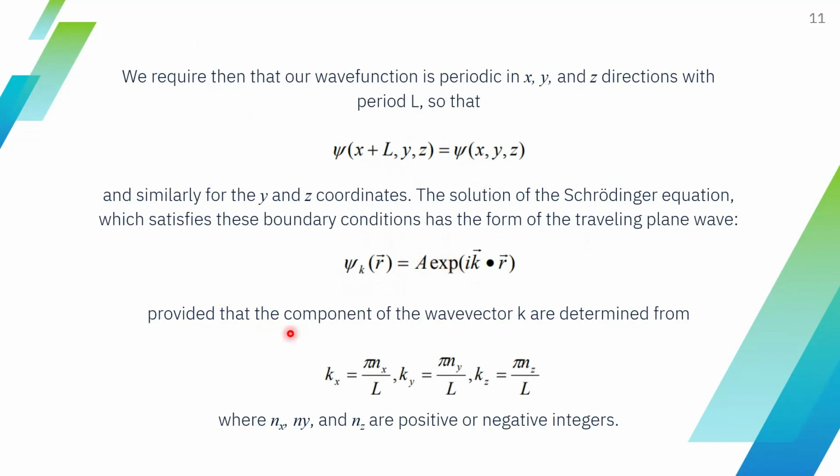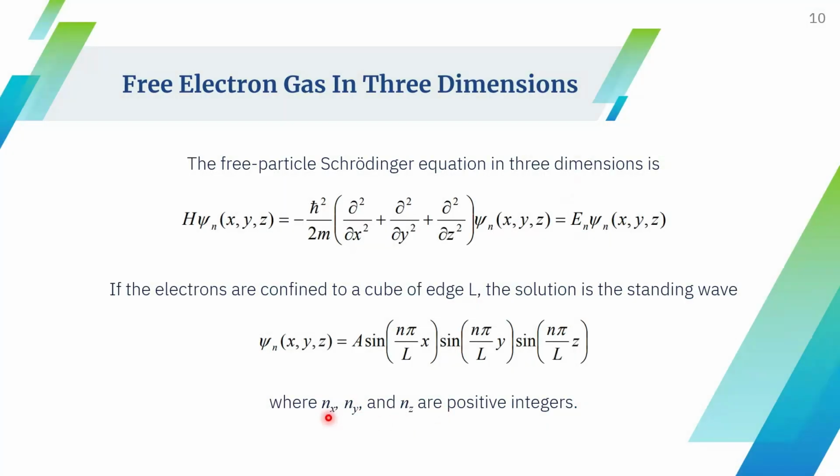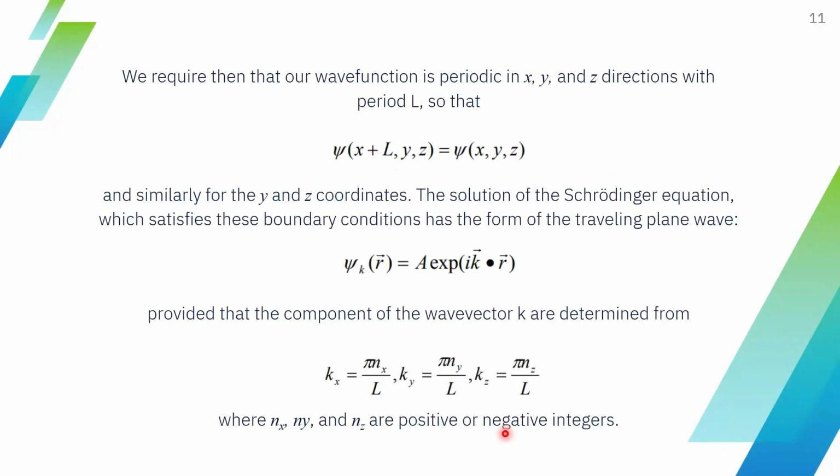This is provided that the components of the wave vector k are determined from kx equal to 2 pi nx by L, ky equal to 2 pi ny by L, kz equal to 2 pi nz by L. Here, the nx, ny, and nz values are positive or negative integers. But we saw in the previous equation that nx, ny, nz are positive integers. Here it is either positive or negative integers.